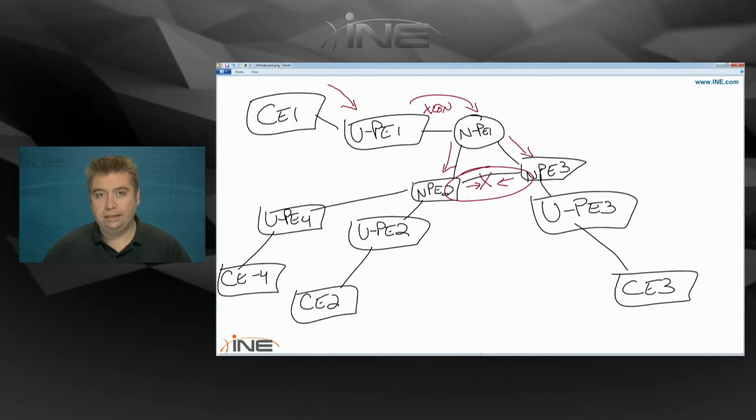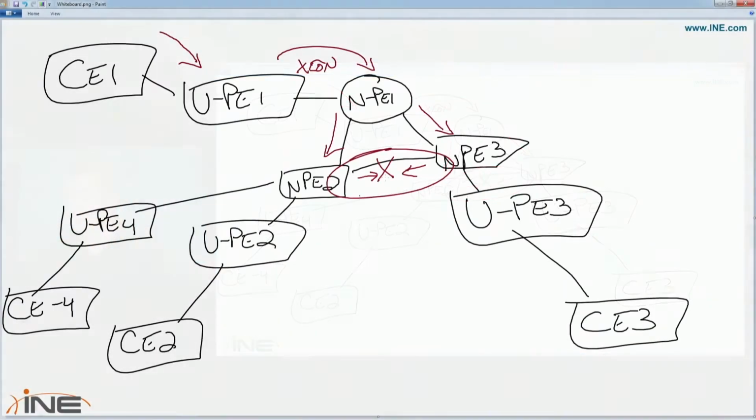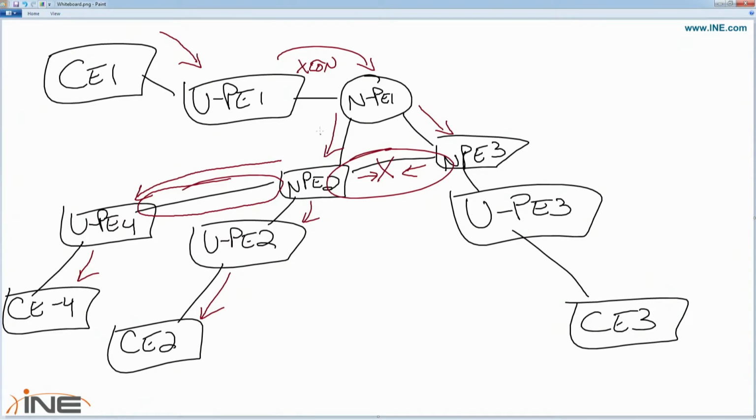But then when the NPE receives the traffic from another NPE, so from the core to the core, they're going to move it down towards the edge. So the network-facing PE is going to send it this way to the user PEs, and then the user PEs send it down to the regular customer edge. Now, the difference in the behavior here is that this is coming in an X connect and essentially going out another X connect.